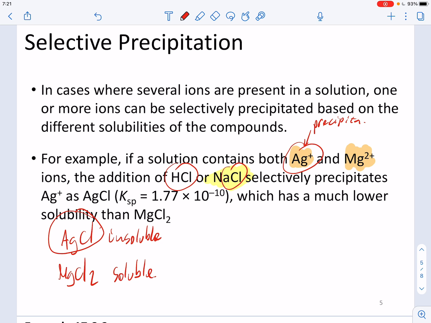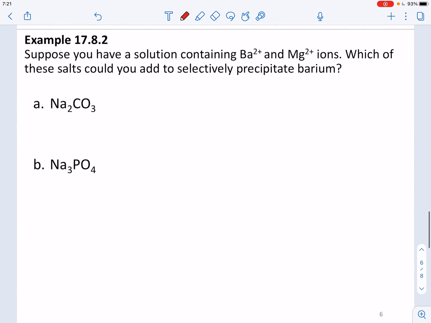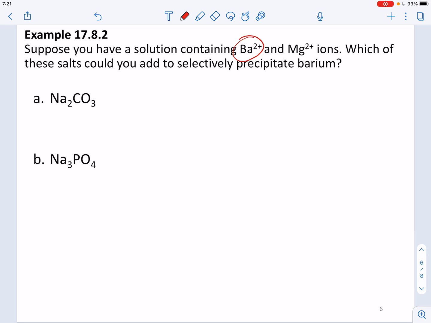Okay, so the requirement here is that the solubilities of these compounds have to be significantly different. So in this case now we have barium and magnesium ions, and we have two options here. We can try to use carbonate to precipitate those ions, or we can use phosphate to precipitate those ions. What do we need to do here? Well, we need to compare the values of KSP for these ions.